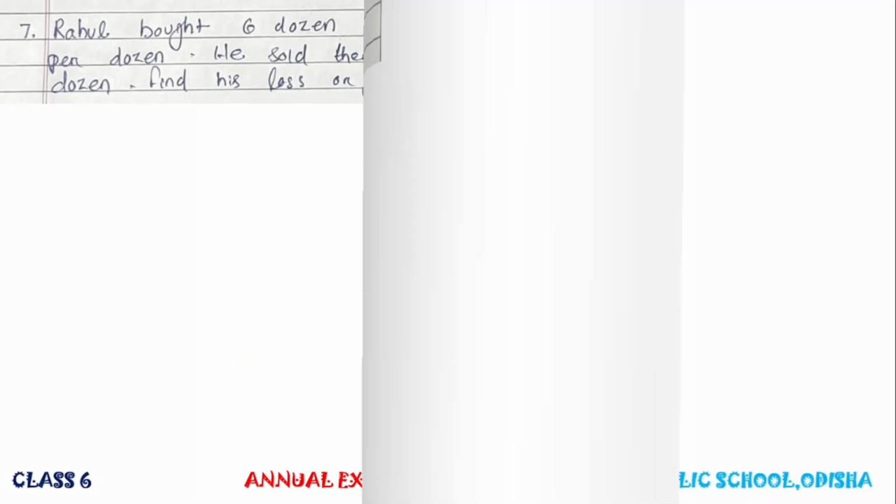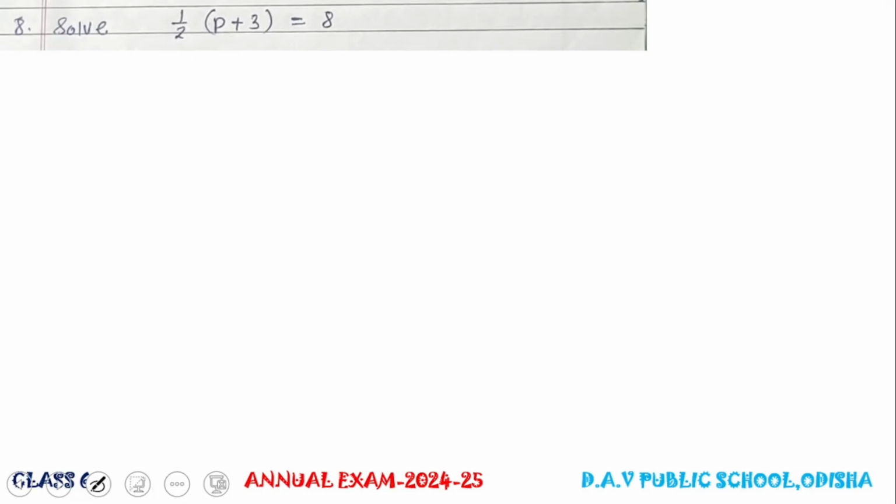Coming to next question. Solve. This is a linear equation. How to solve? Now 1 by 2 p plus 3, if we multiply by 2 then it will cancel. Yes or no? Equal to 8 multiply 2. Both sides will be multiplied by 2, then the 2 will cancel on the left side.